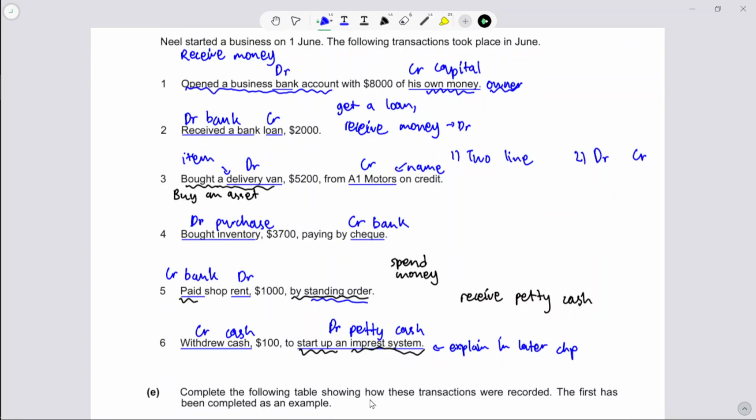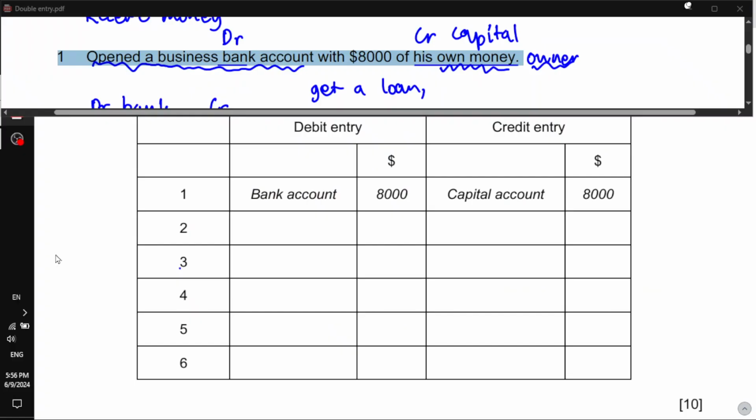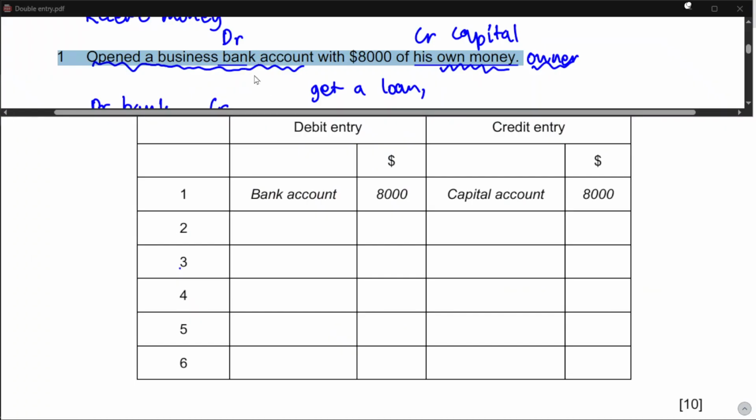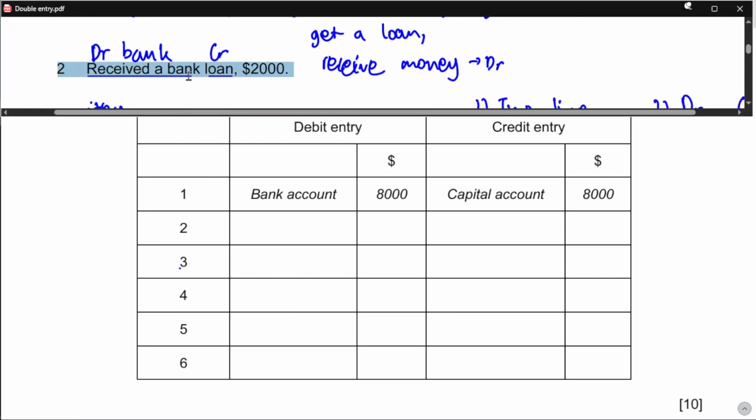Now let's enter the answer. You can see the first line is given. So let's go to the second line. Debit bank, credit loan by 2000.